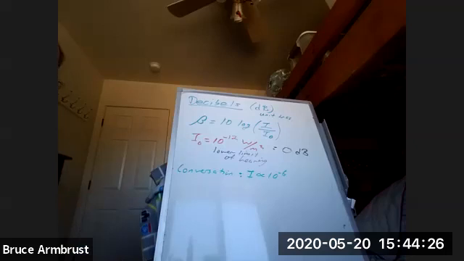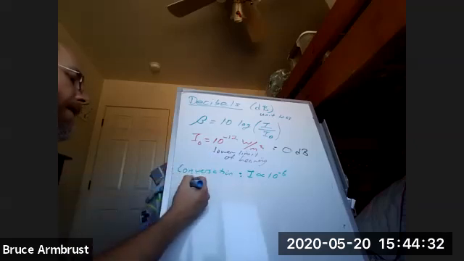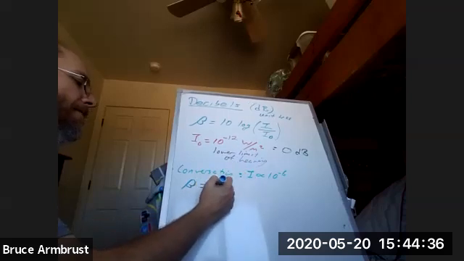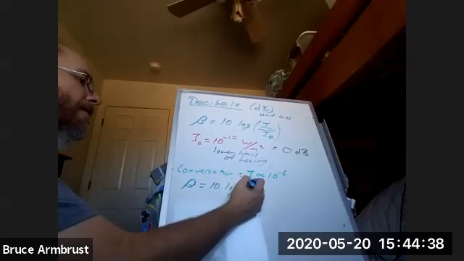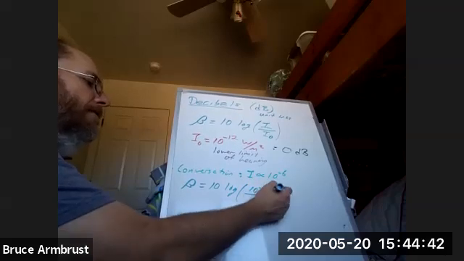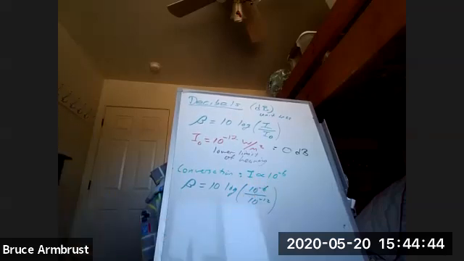So let's see what that decibel number would be. The corresponding decibel level for a conversation is going to be 10 times the log of 10 to the minus 6 over 10 to the minus 12. And here you can see why the units go away.